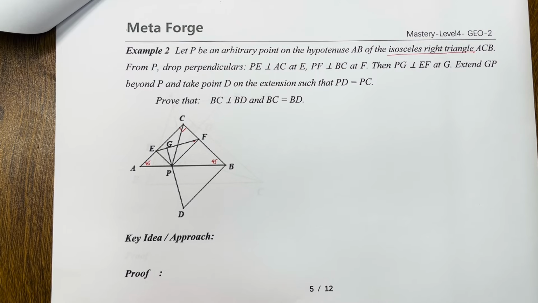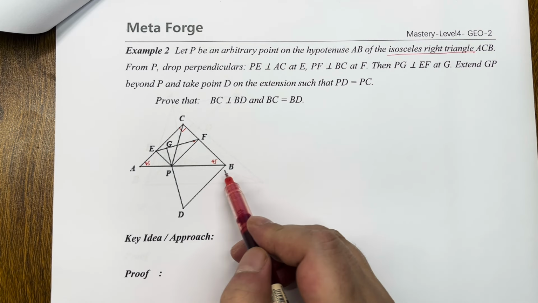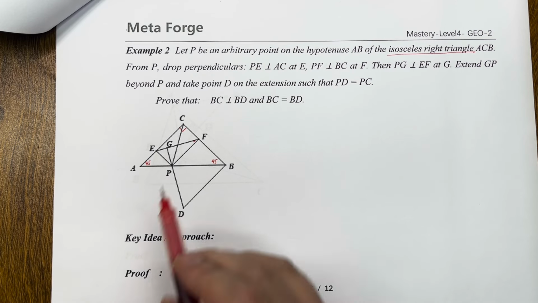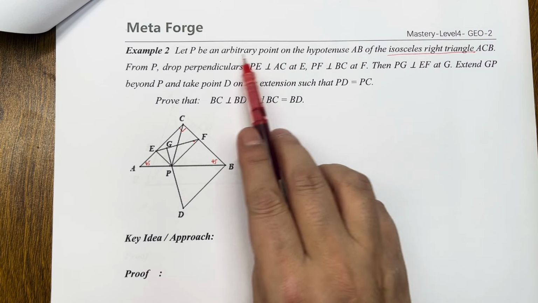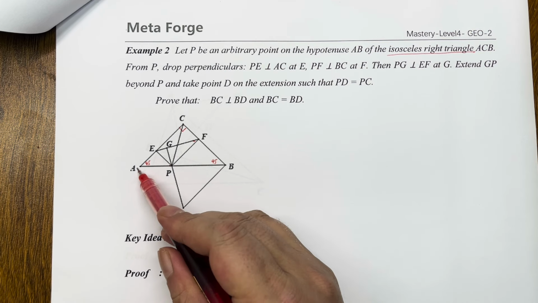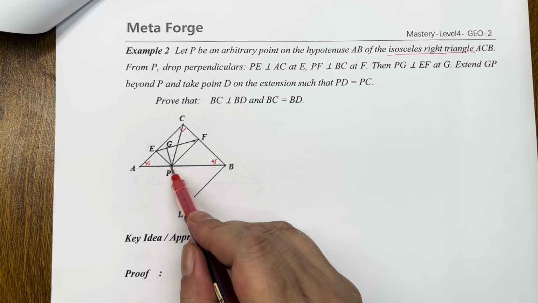No need to figure them out so clearly. Just know AC equals CB. P can be any point on the hypotenuse.